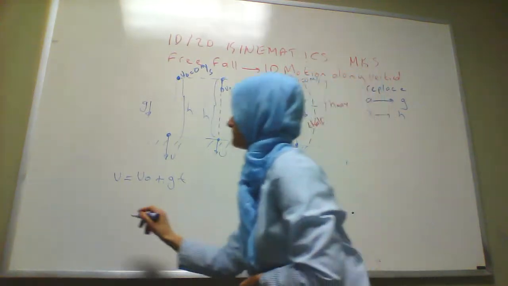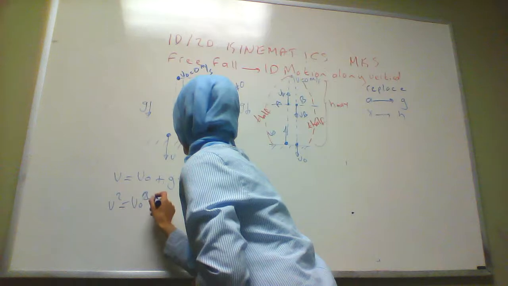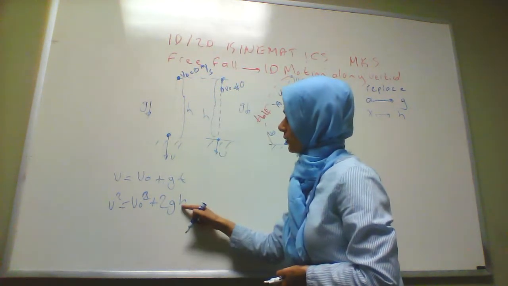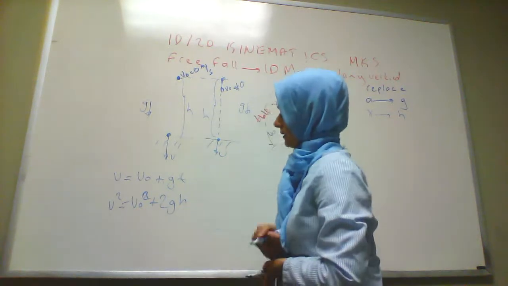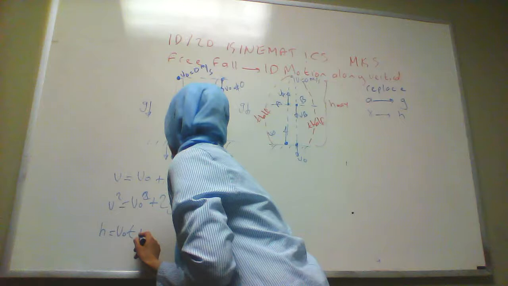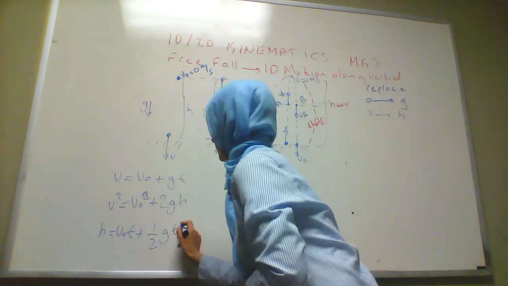Instead of a, we have g. V squared is equal to v0 squared plus 2gh. If I don't know time, but I know h, I can get to v still. And h is equal to v0 times t plus 1 over 2 gt squared.